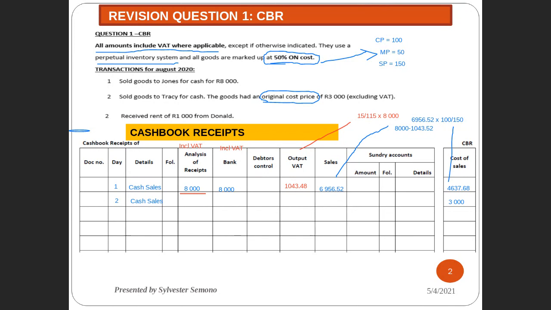We got 4.5 here. And remember, how do you get this 4.5?